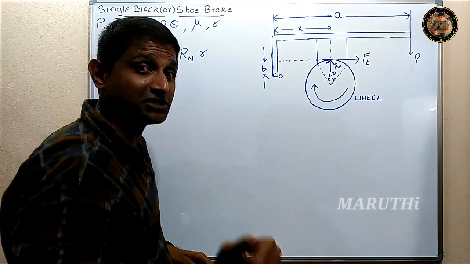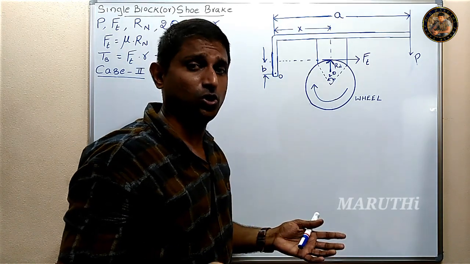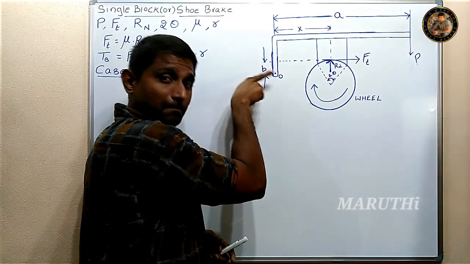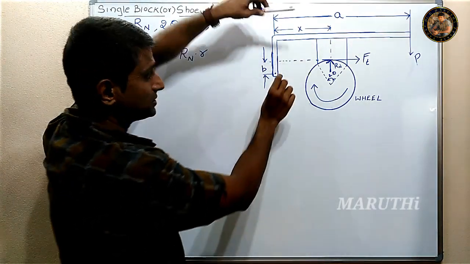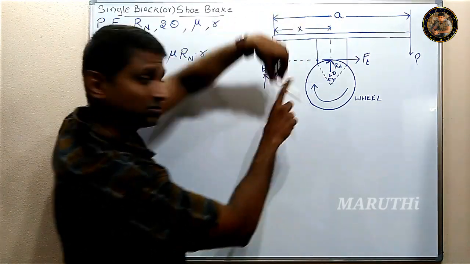And whereas if you see in the previous case, case 1, the moment because of friction force is 0, but now this time, because it is moving at a distance B above the fulcrum, therefore this is the fixed point and this is the force direction. Therefore, it is clockwise.